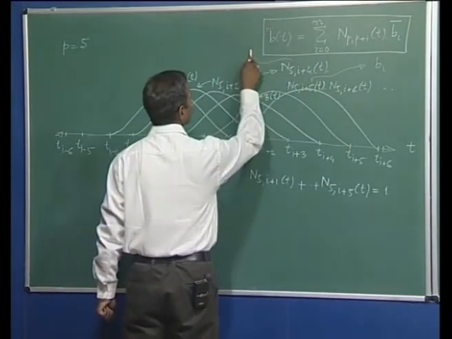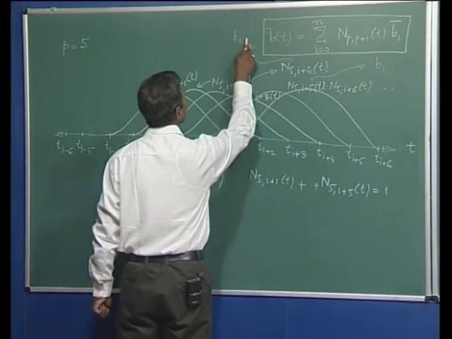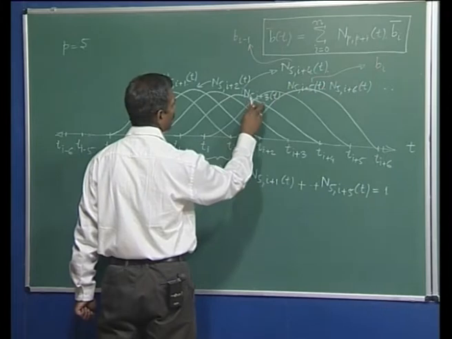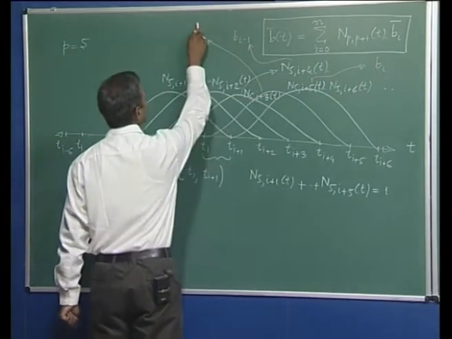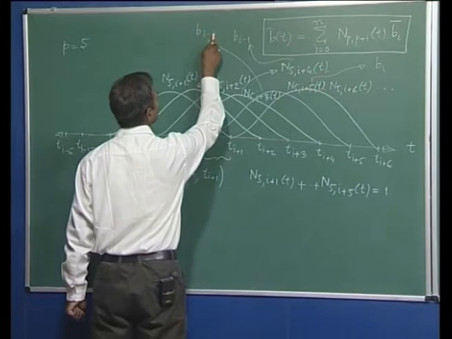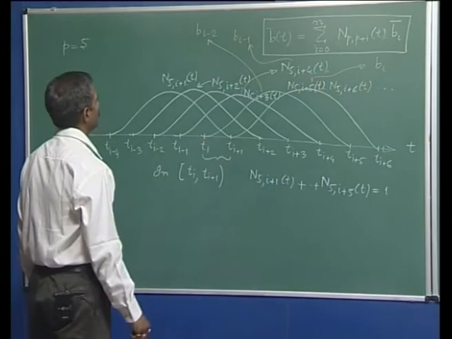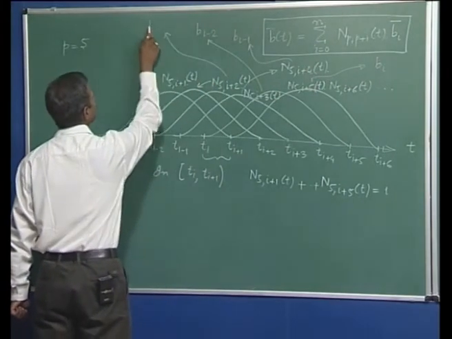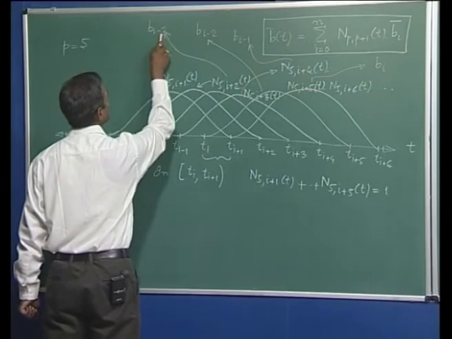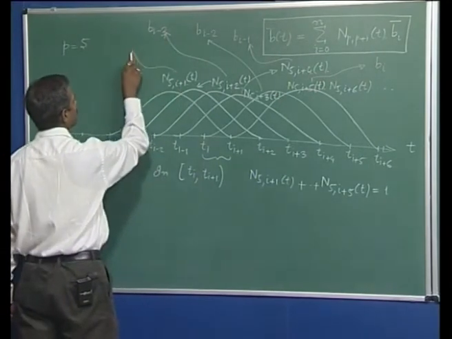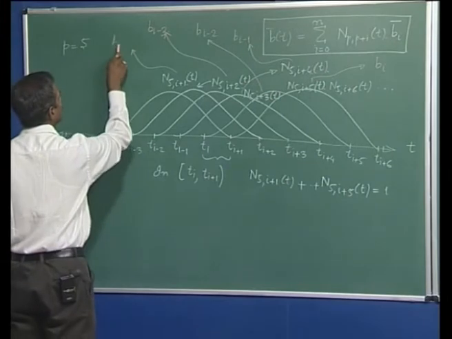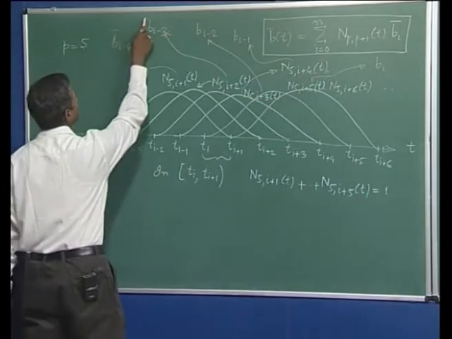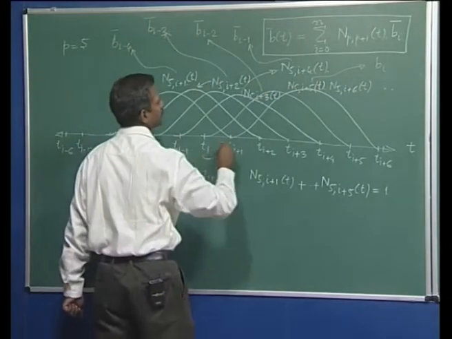With this one here, b_{i-1} is associated. With N_{5,i+3}, b_{i-2} is affiliated. With N_{5,i+2}, b_{i-3}, and with N_{5,i+1}, b_{i-4} are associated.